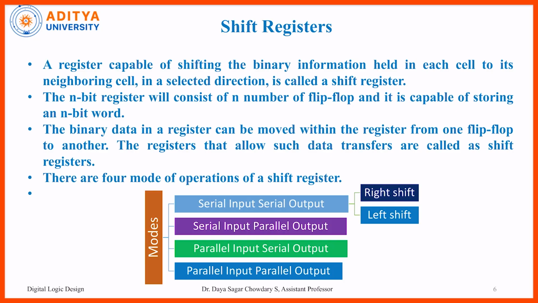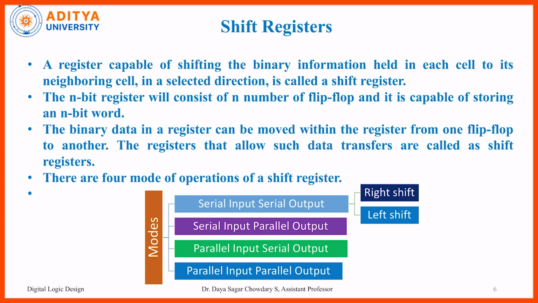An n-bit register consists of n flip-flops, as we already know. If there are n stages, we require n flip-flops, and the binary data in a register can be moved from one flip-flop to another. We call this a shift register, a data transfer shift register.